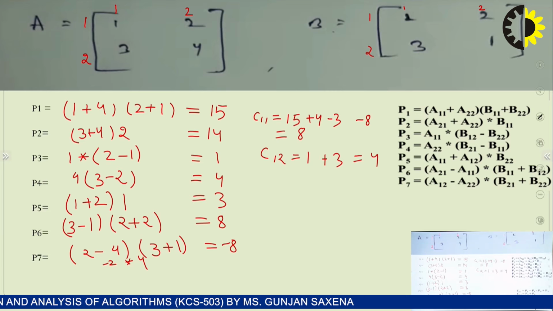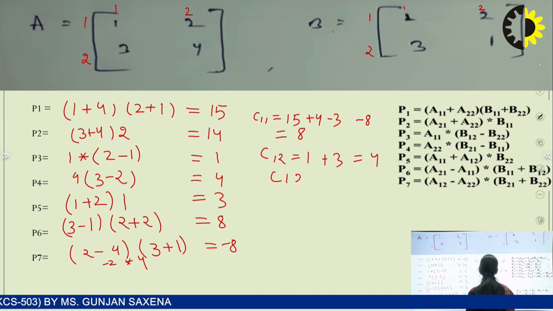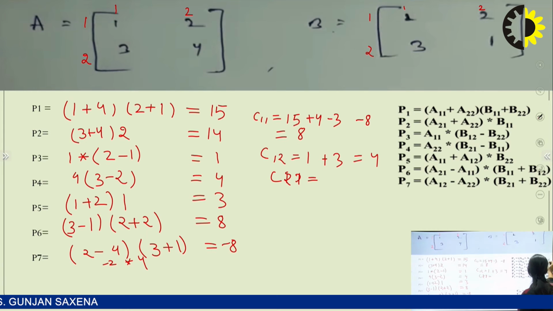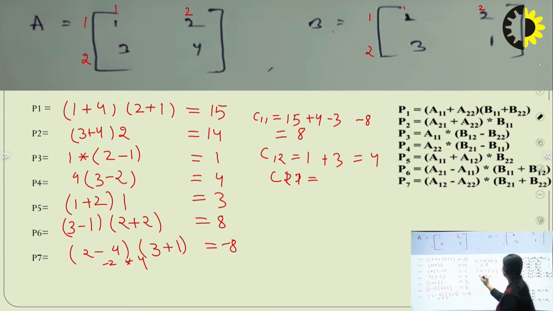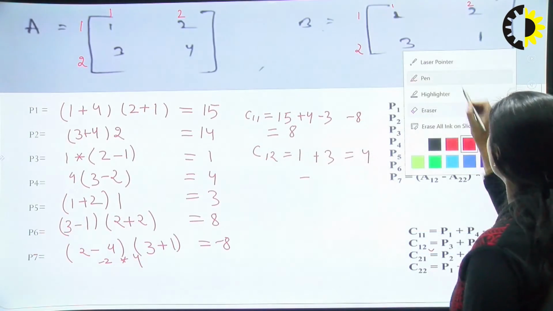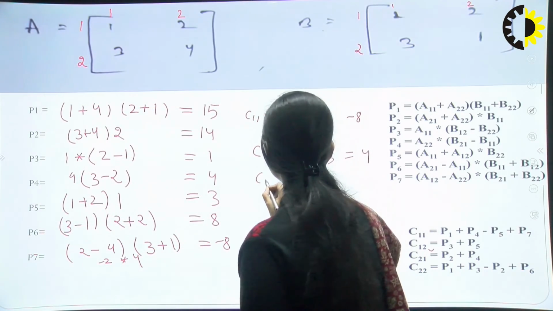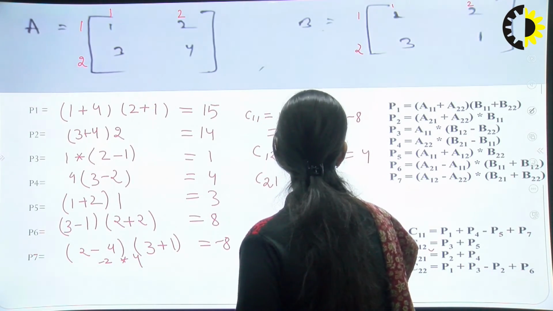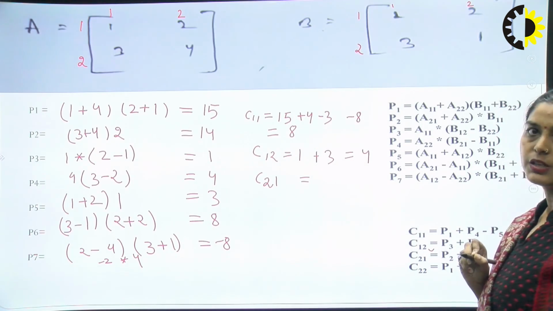And after that, C21, which is P2 plus P4. So the value of C21 is equal to P2 plus P4.